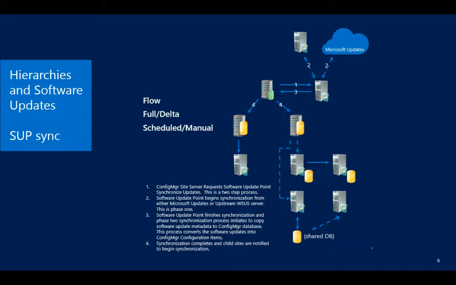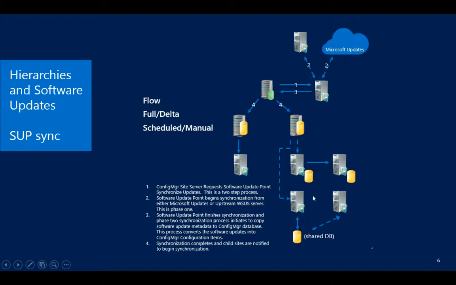The software update point will retrieve data, typically from either Microsoft Updates or, as of SP1, an on-premise WSUS server chosen for that purpose, or you can even export and import it manually if you wanted to. Once we get that information to the local software update point, we synchronize it back into the database of the CAS. Once it's in the database of the CAS, a process kicks in to start replicating information down to the child primary software update points.